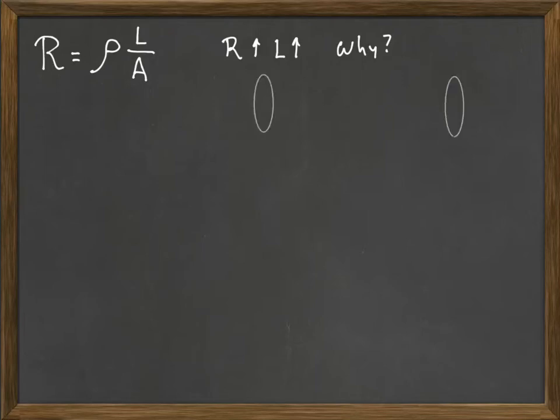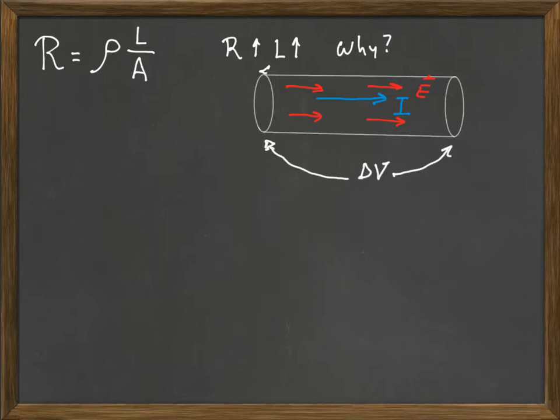The question is why? So again, consider that the current flowing inside this wire depends on the strength of the electric field established inside of the wire. Now that electric field strength depends on the difference in potential across the wire. Remember that the equation that relates those is the electric field is equal to the difference in potential divided by the length of the wire.